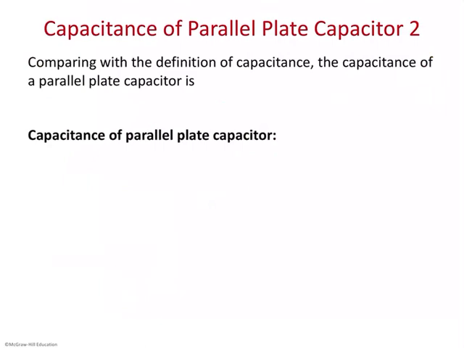And one more equation, just breaking it down into different ways. The capacitance of a parallel plate capacitor can be equal to the permittivity constant times the area divided by distance. Let me show you: we've got charge is equal to capacitance times the change of voltage.